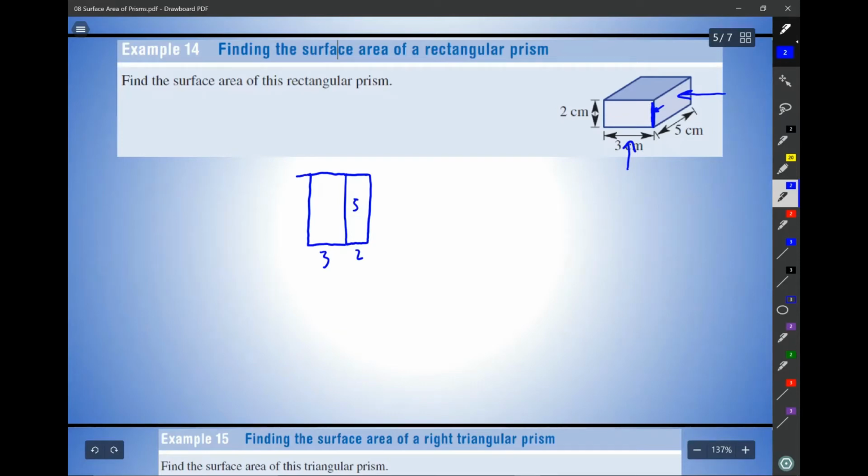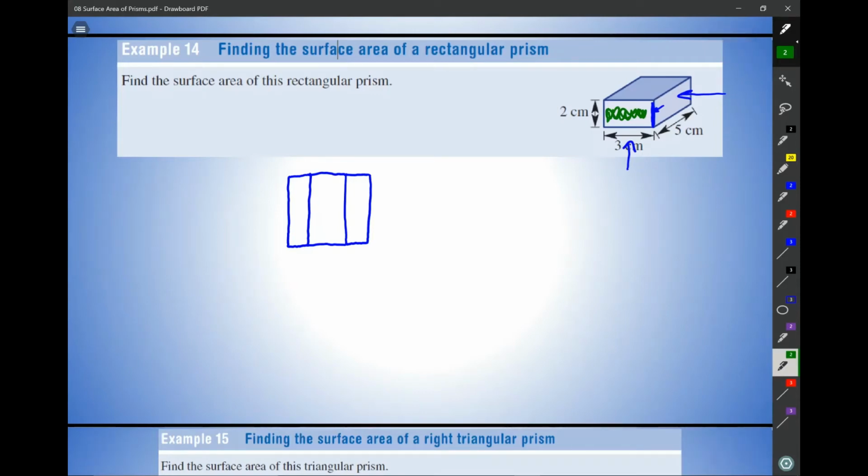And we need one of these on either side of our base. I'm going to take these numbers off for now because it will get a bit confusing as we start to make more sides. Now let's deal with the front and the back of the rectangular prism.